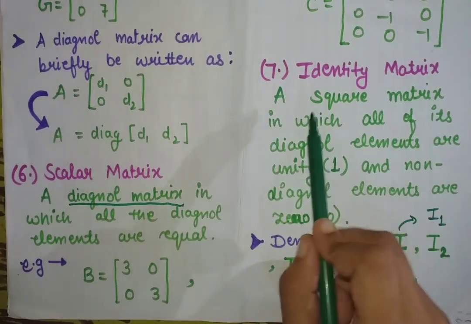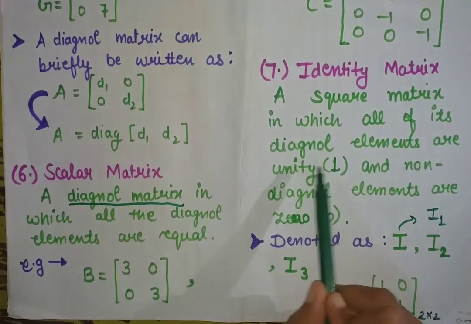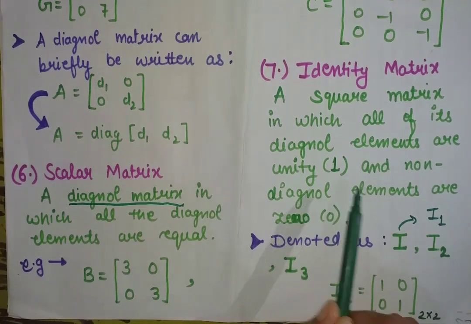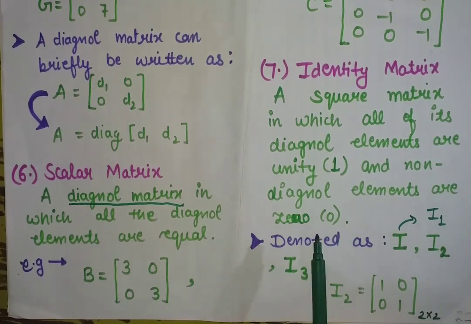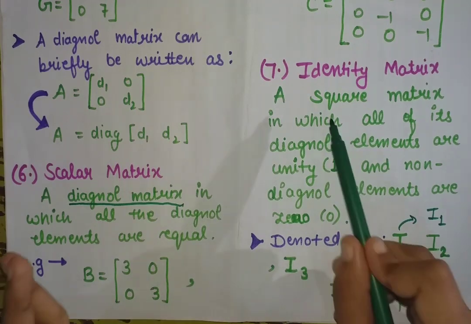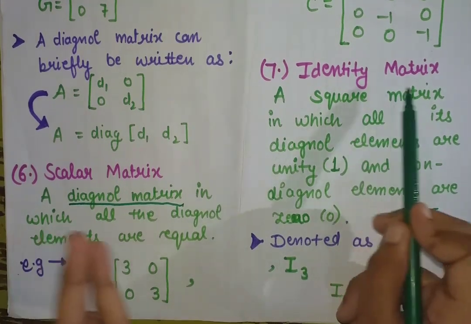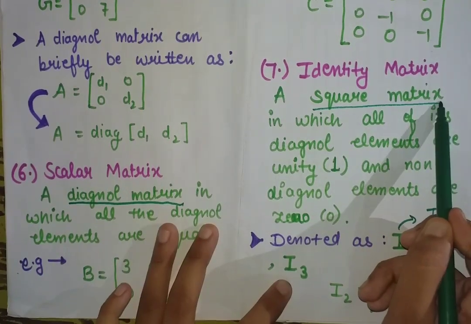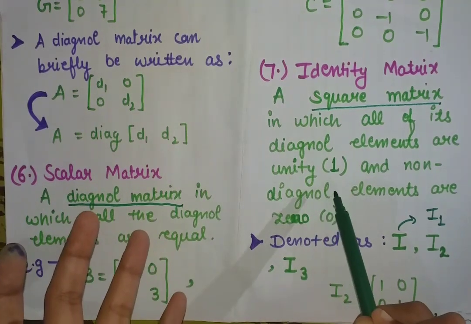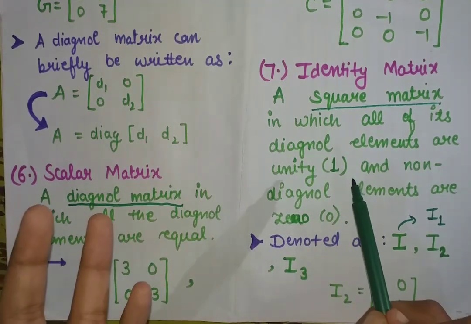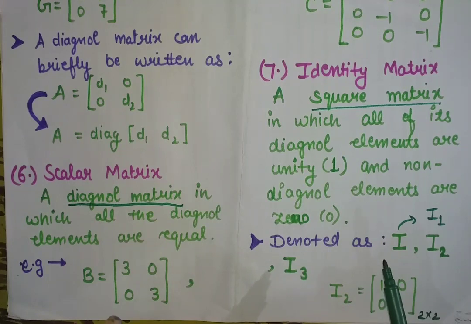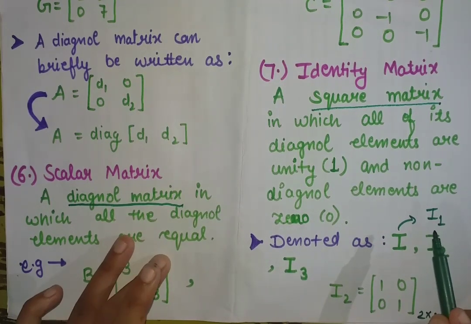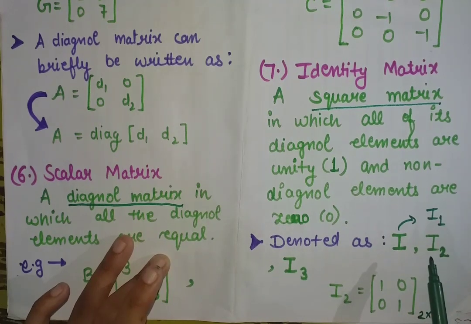Identity matrix: a square matrix in which all of its diagonal elements are unity, meaning 1, and all non-diagonal elements are 0. Yes, an identity matrix should be a square matrix, having all its non-diagonal elements as 0 and diagonal elements as 1, denoted as I1, I2 and I3, where I1 means an identity matrix of 1 by 1, I2 means an identity matrix of order 2 by 2 like this.